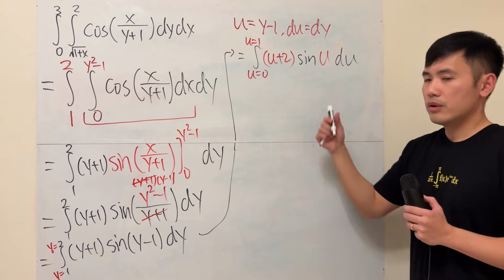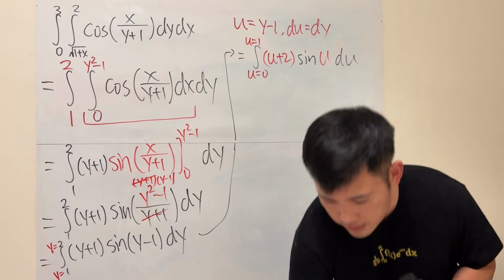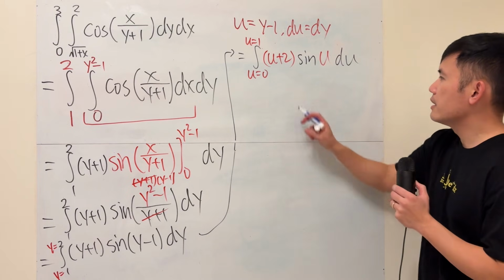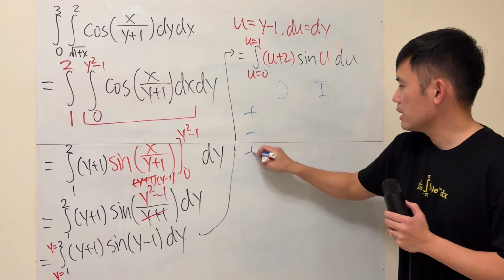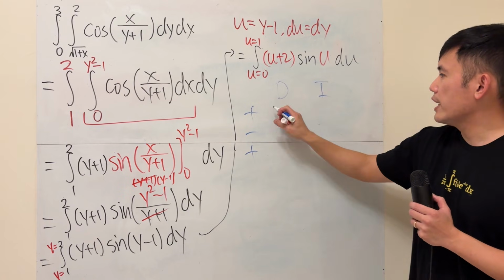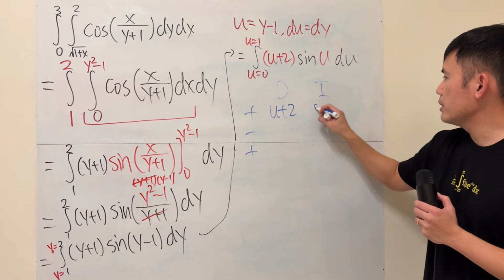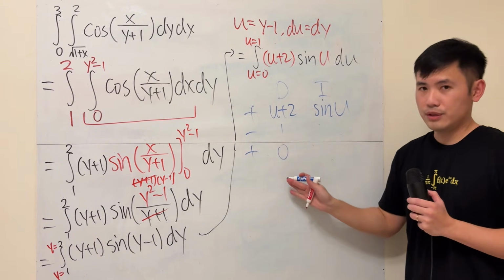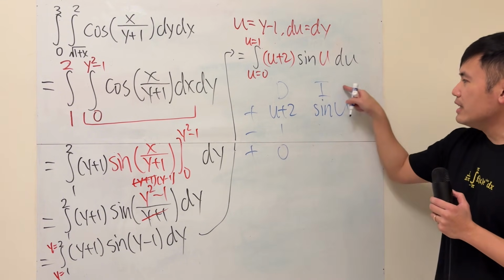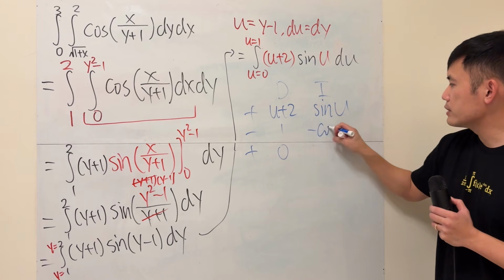Okay. Now, to integrate this, we can do integration by parts. Of course, we can do the DI method. So D and also the I, with plus, minus, plus. I'm going to differentiate u plus 2, and then I'm going to integrate sine u. So do this 1 time, 2 times, we get 0. We stop. And then integrating sine u, we get negative cosine u.